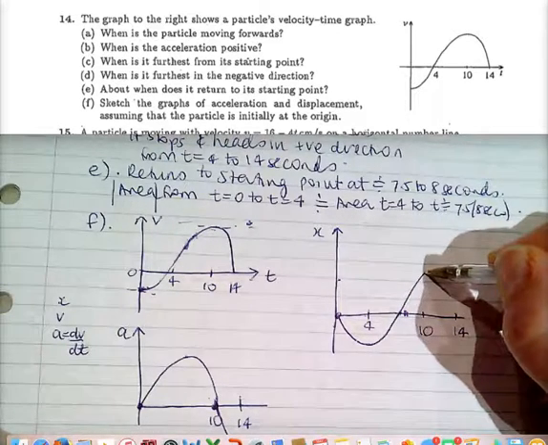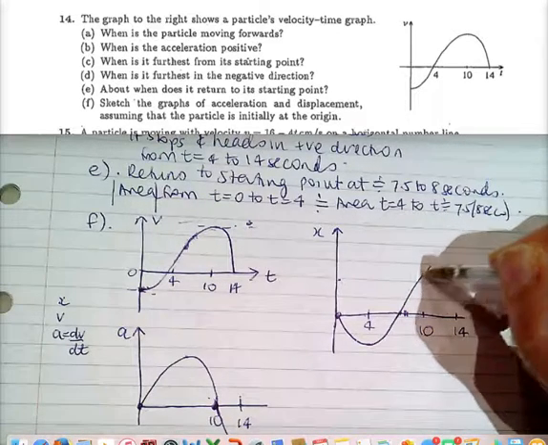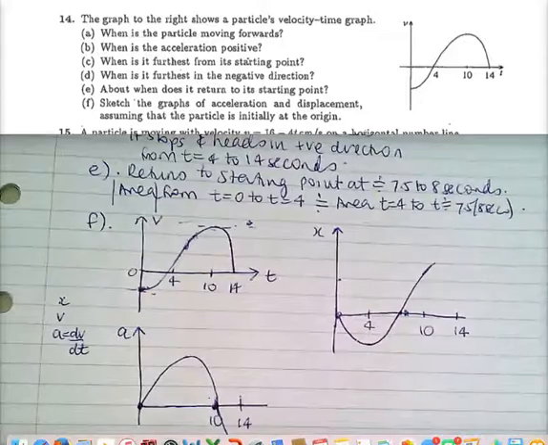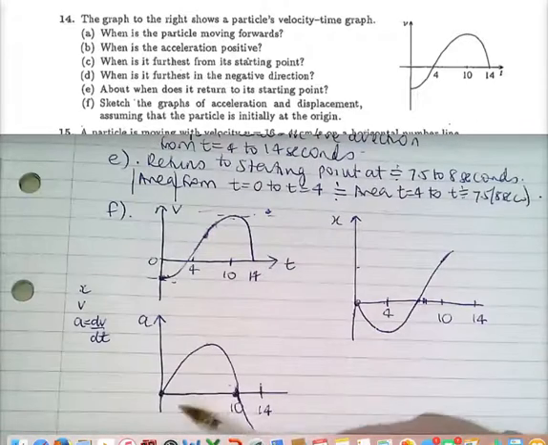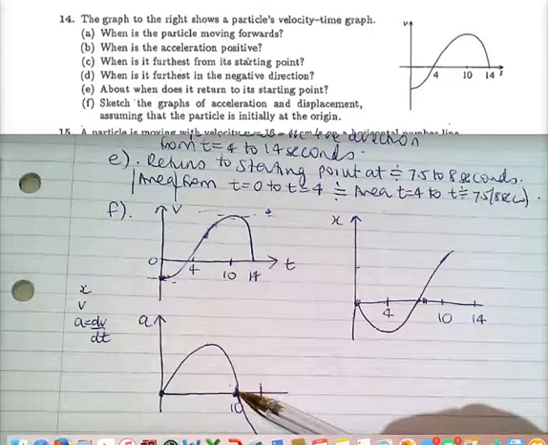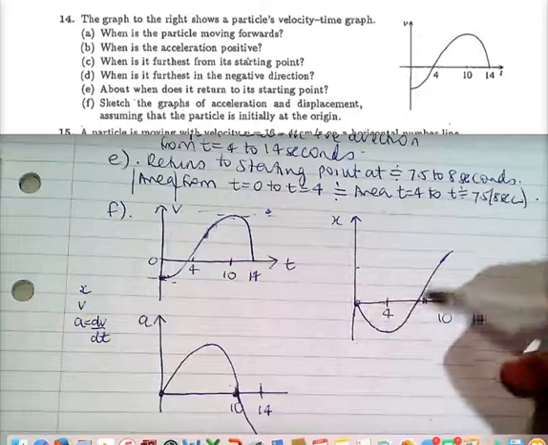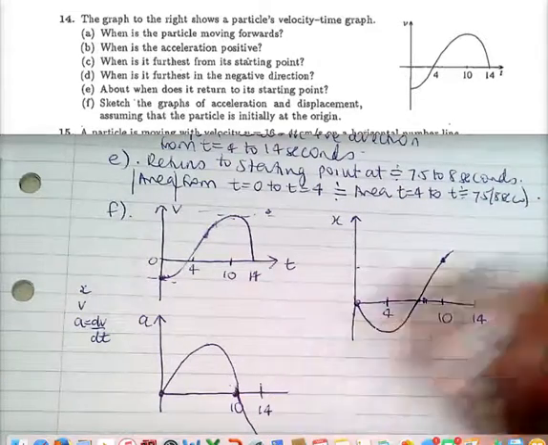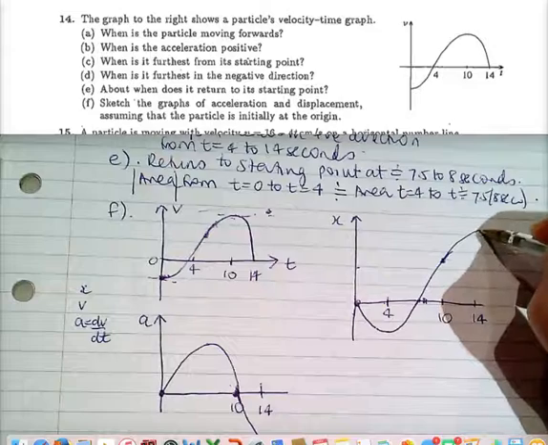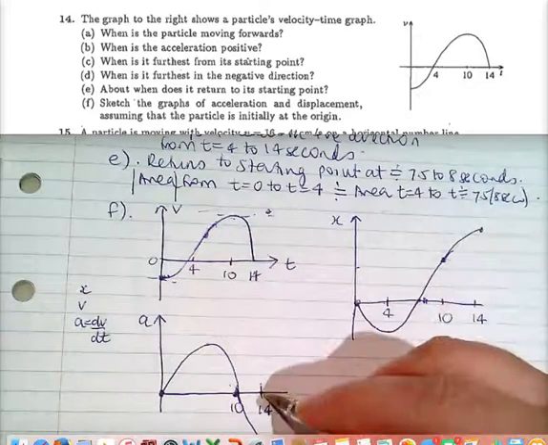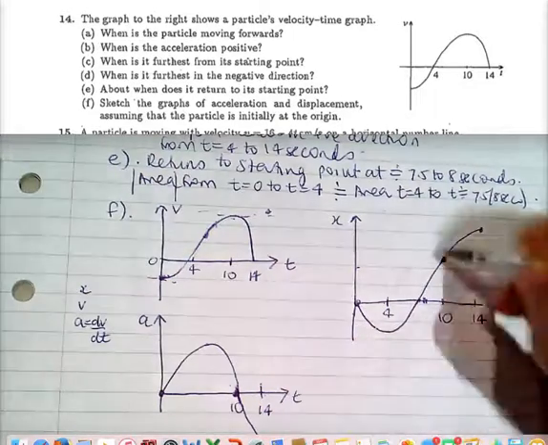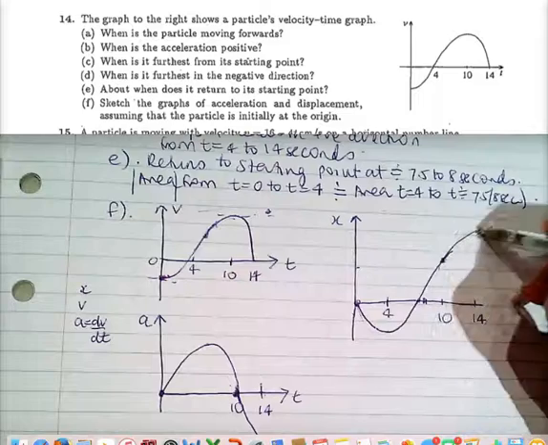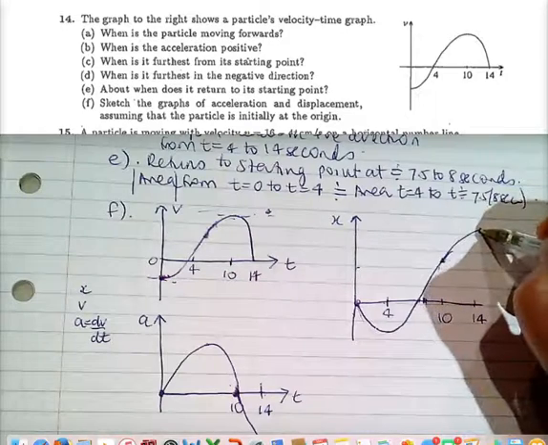So you'd get it to start tapering off after that, okay? And also here, look at your acceleration. You've got positive acceleration, which means concave up to 10 seconds, and then negative acceleration, which should mean concave down for your curve from 10 to 14 seconds, all right? So you need to show that concave up, concave down for 10 to 14 seconds.